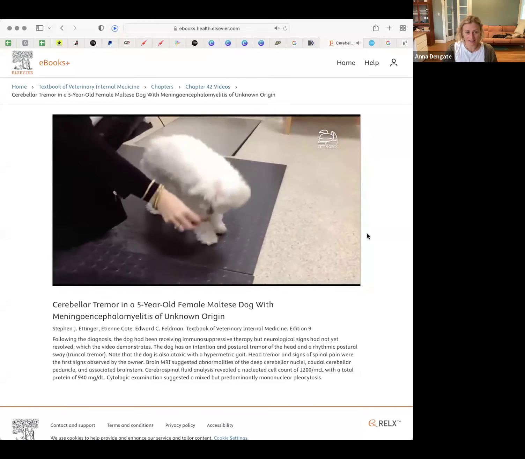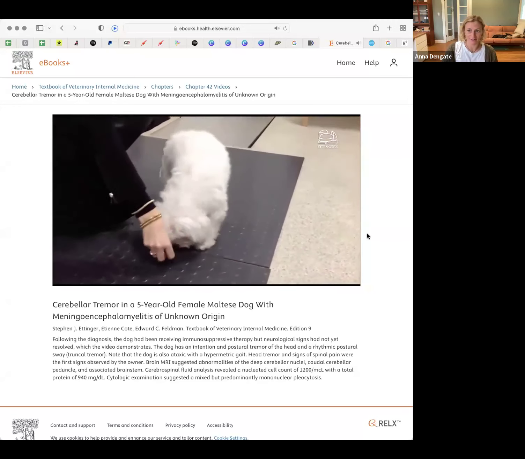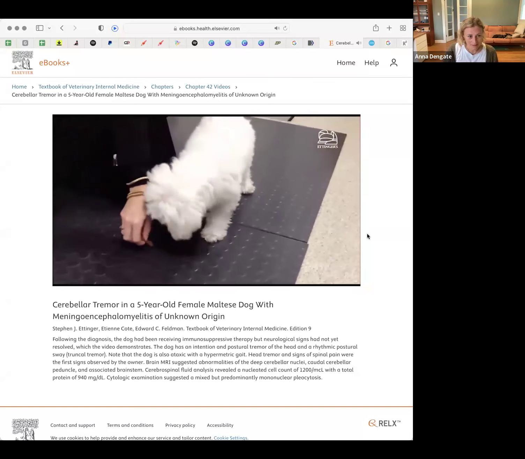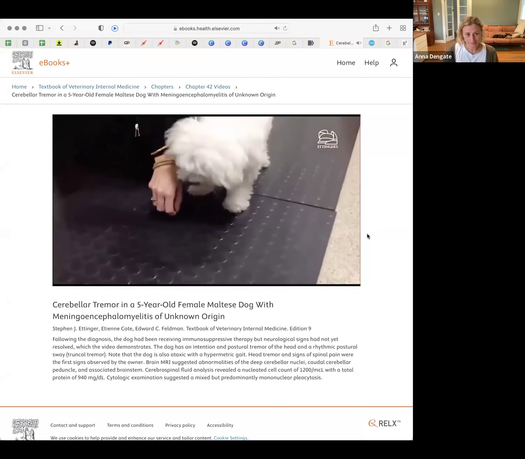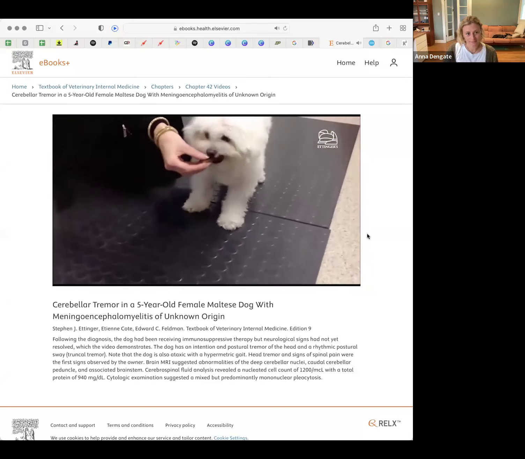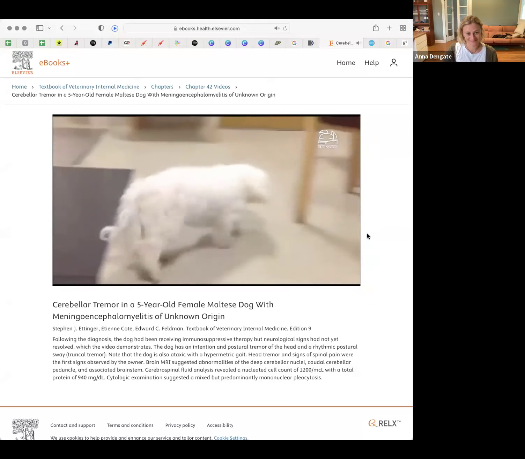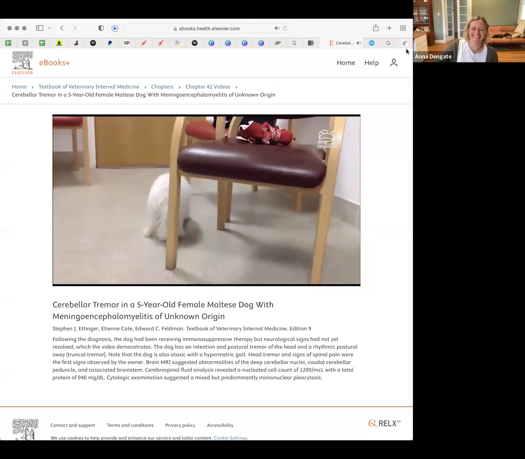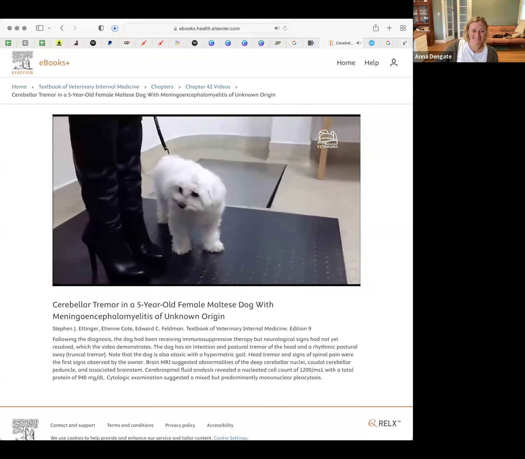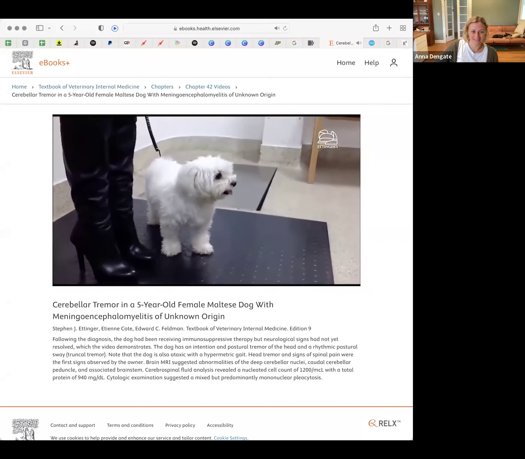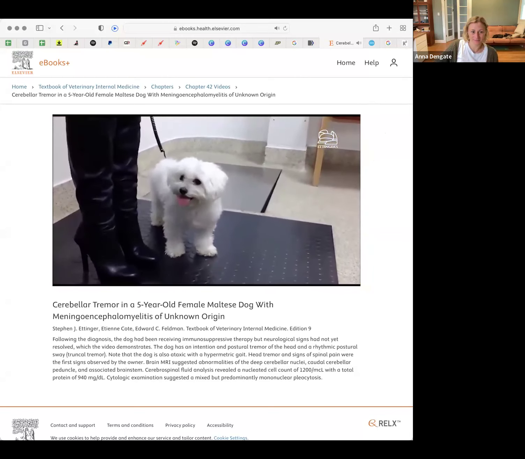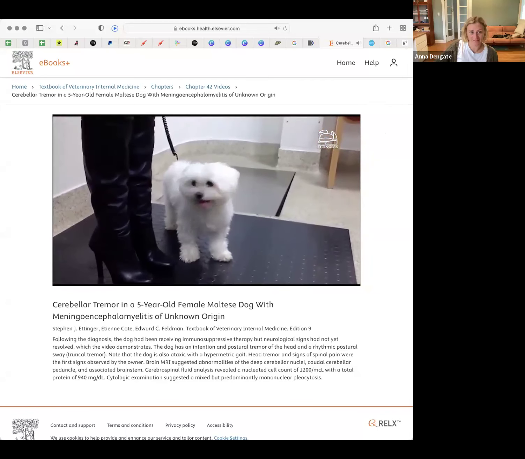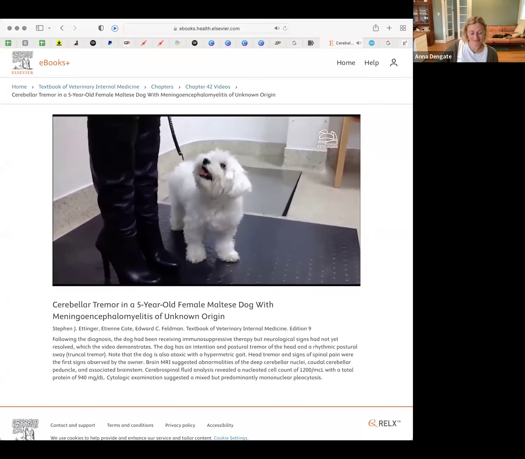You can definitely see that balance between extensors and flexors. Yes. It's subtle, hey? He's got an intention tremor. He's standing, not sitting, and doing this.